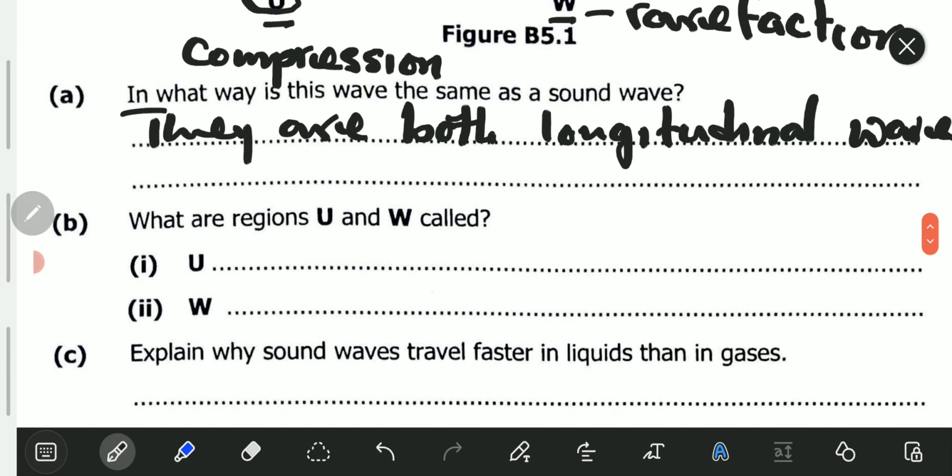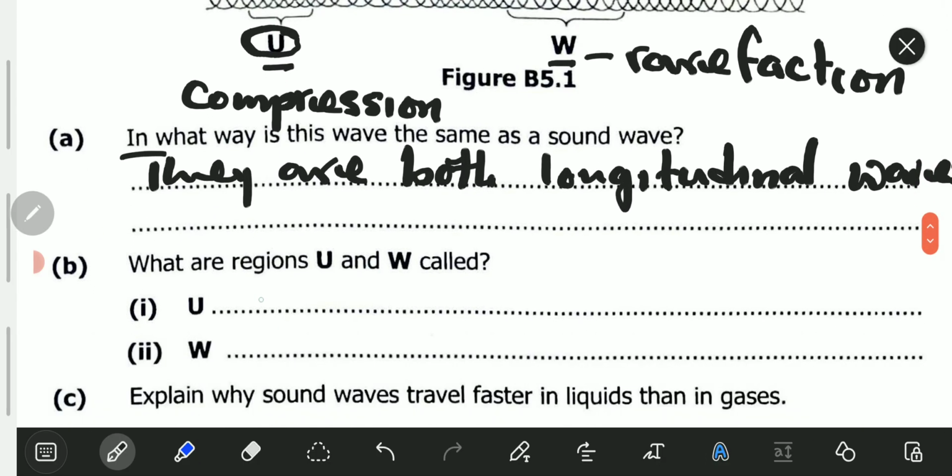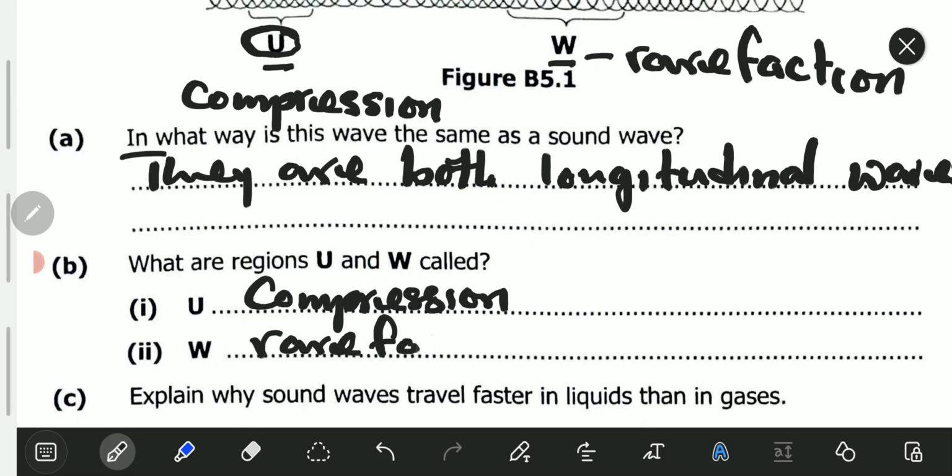So let's go to B. What are regions U and W called? We've already looked at that. U is compression and W is rarefaction.